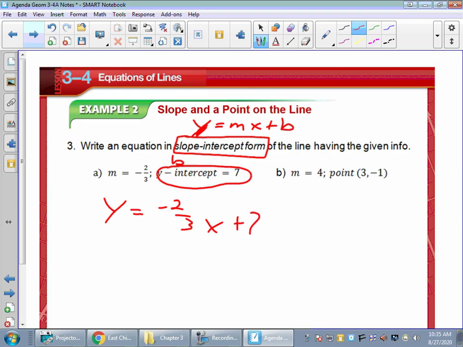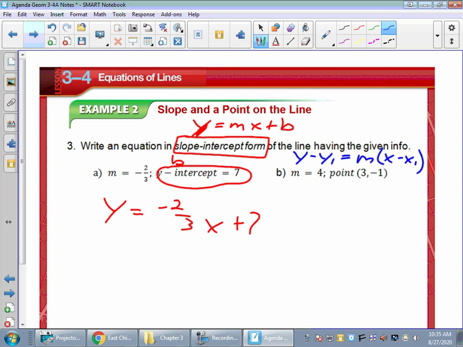All right, letter B is a little bit trickier because they give us a slope and a point, so we're going to have to start with point slope first. If I start with y minus y1 equals m times x minus x1, I have enough information to start that out because I've got my slope of m and I've got a point 3, -1.